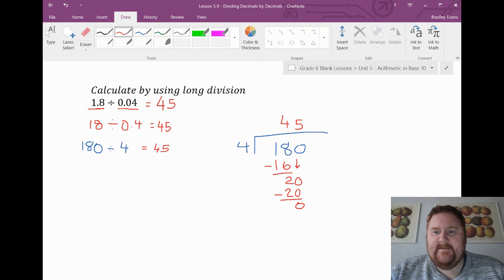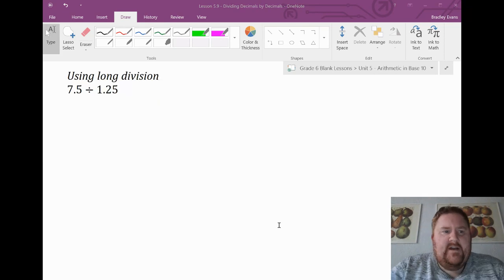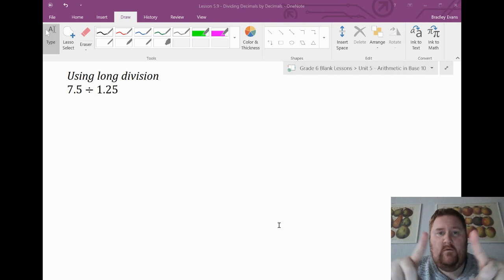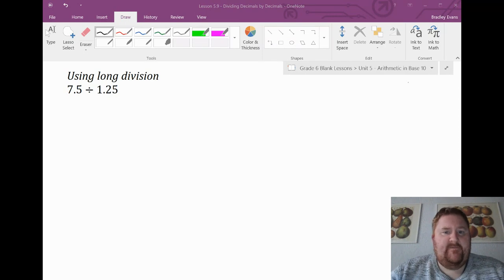They're all equivalent. Okay, our next question, 7.5 divided by 1.25. Pause. Make our equivalent expression, which has no decimal places, and then solve using long division. Pause here and try. So I'm going to use my multiples of 10 to get rid of my decimal place. First, let's multiply by 10. 7.5 multiplied by 10 is 75.